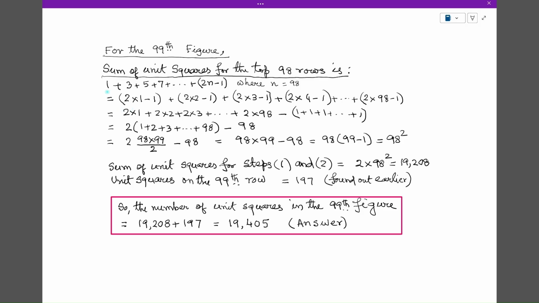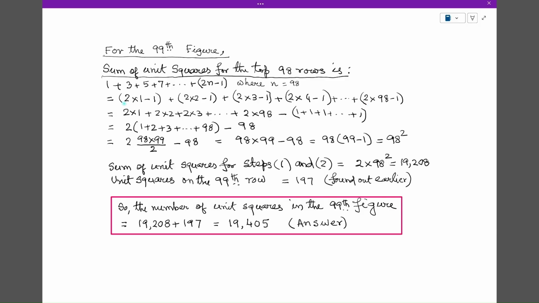That is equal to 1, which we can write as 2 multiplied by 1 minus 1. 3 we can write as, this is the second term, so 2 multiplied by 2 minus 1. 5, which is the third term, we can write as 2 multiplied by 3 minus 1. 7, which is the fourth term, can be written as 2 multiplied by 4 minus 1. Finally, the 2n minus 1 can be written as 2 multiplied by 98 minus 1 because n is 98.